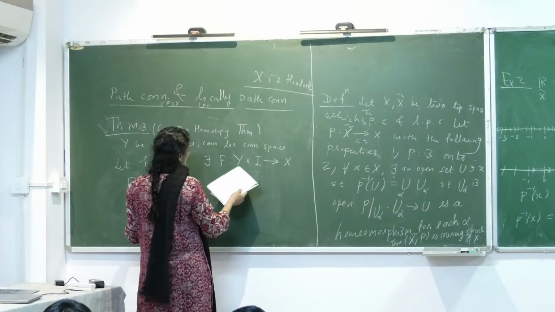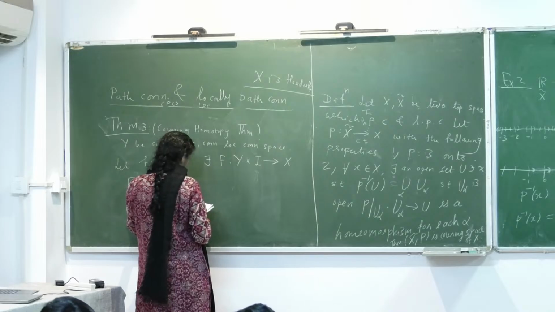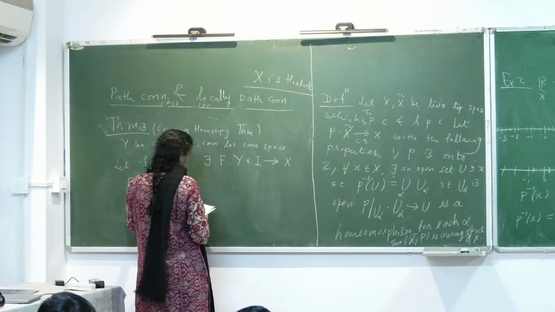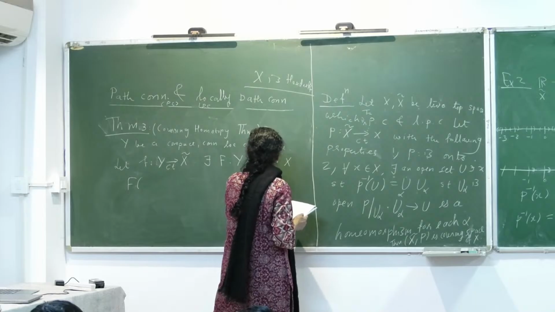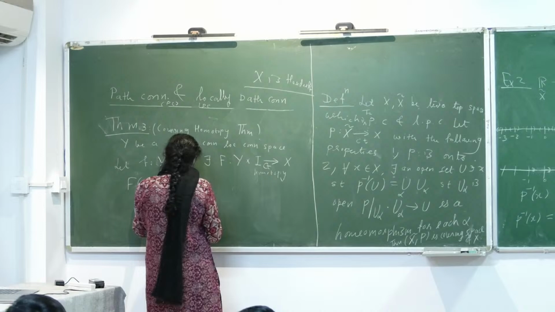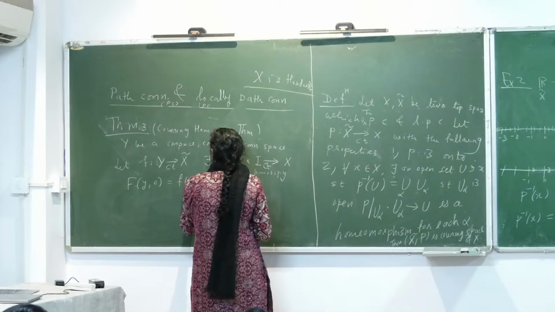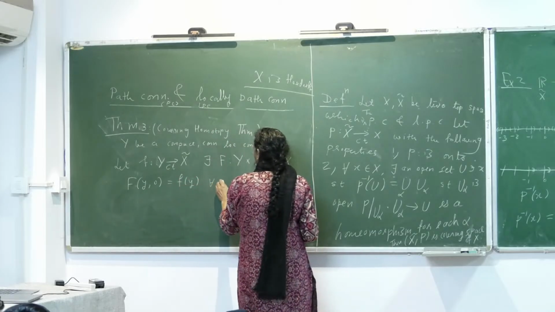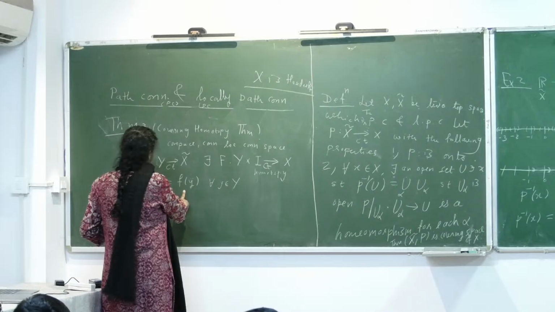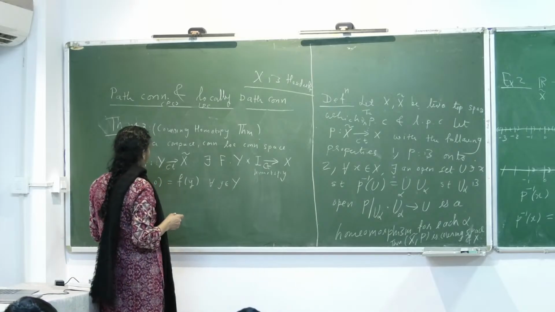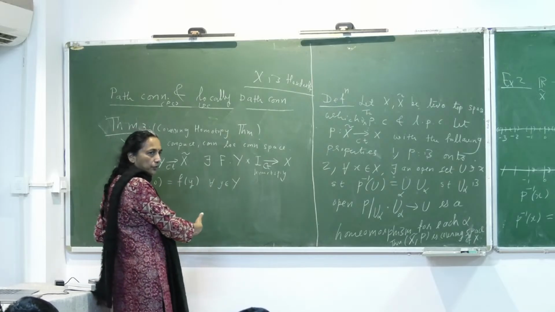If Y may be I, this may be a path homotopy, such that this is a continuous map, and this is a homotopy such that F(y,0) is f(y) for every y belonging to Y. So this is a homotopy between this map and the map which is the image of F(y,1). Suppose I say F(y,1) is g, then this is a homotopy between f and g, okay.